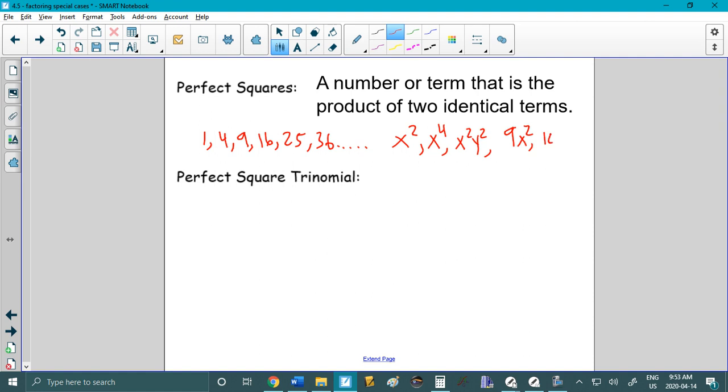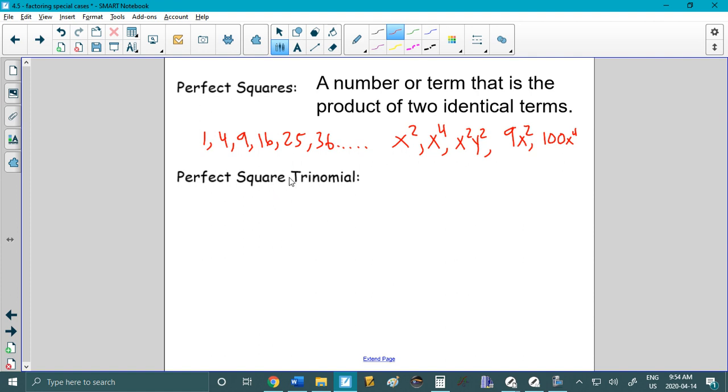And we could say 100 x to the 4, because 100 is 10 times 10, and x to the 4 is x squared times x squared. So those are all perfect squares, and you want to try to get good at identifying them. These numbers in particular, up to 100, so it would be 36, 49, 64, 81, and 100. That's just like 1 through 10 squared.